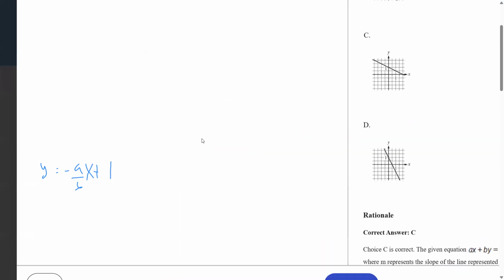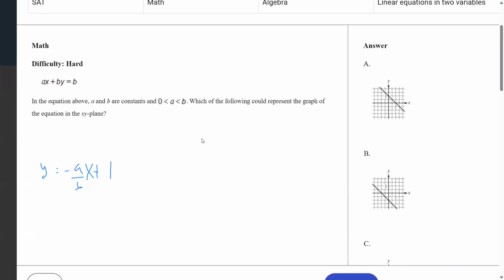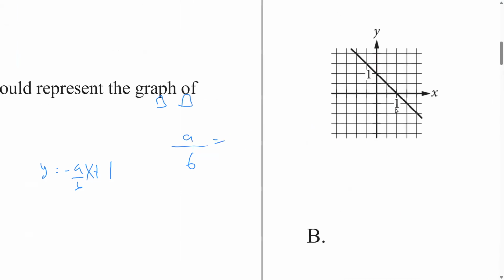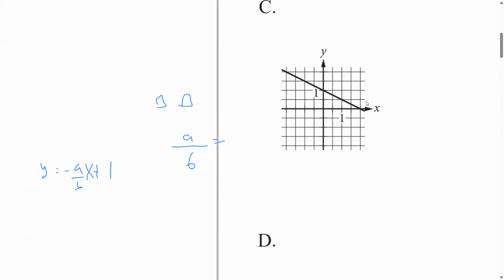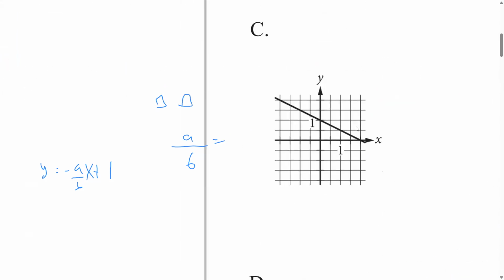So here the slope is between 0 and b, I mean a. If b is more than a, so if we divide by a, we should get a fraction. So the slope here is a fraction, and C is the only answer that shows a fraction in the slope.